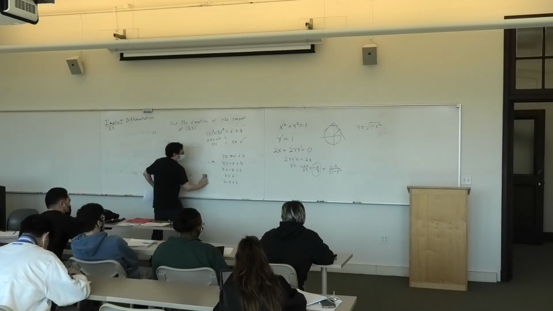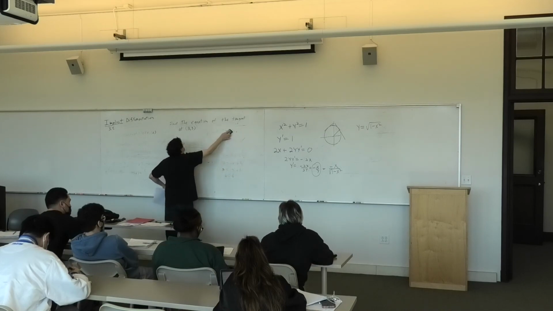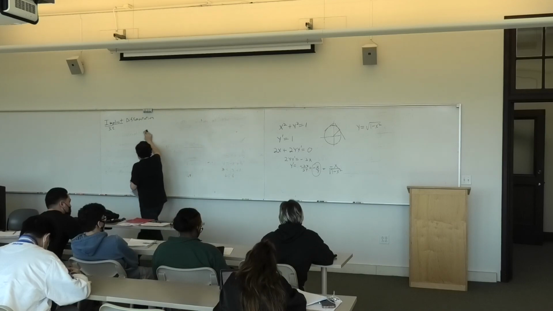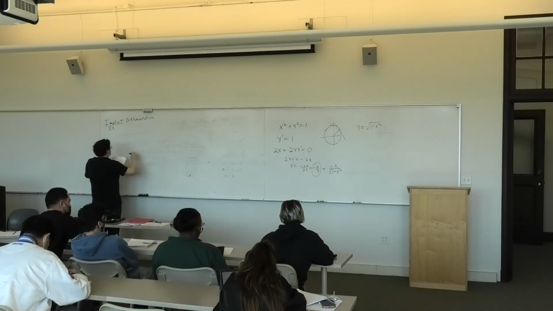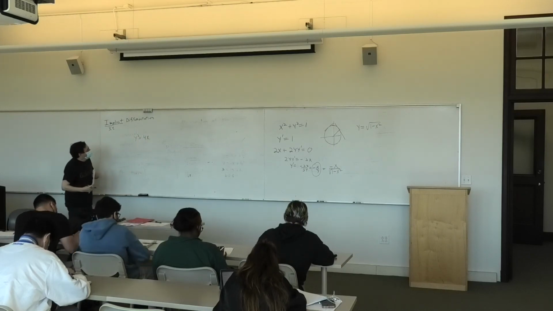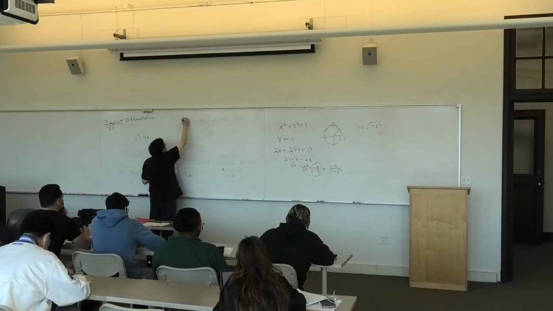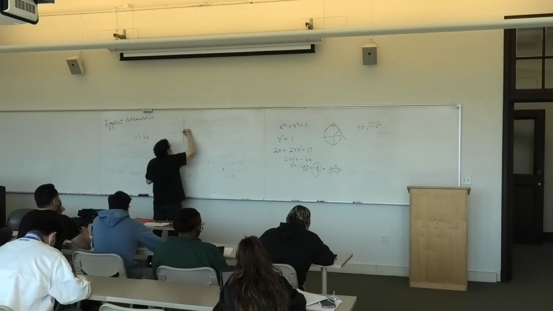You want to practice, get your implicit differentiation muscles working. Y squared equals 4x. That would be some kind of sideways parabola.